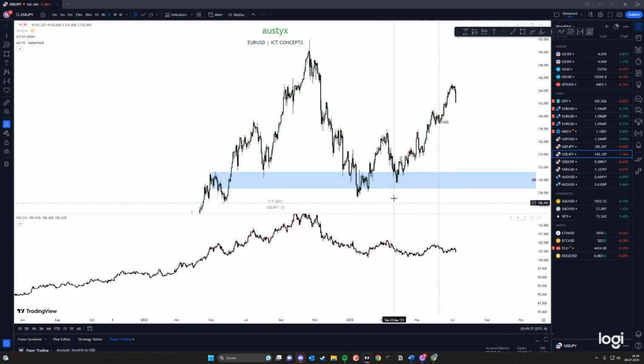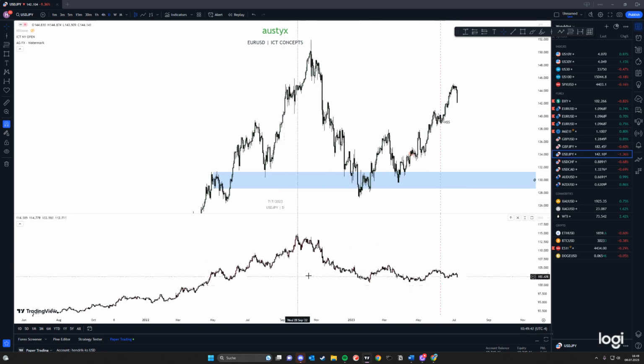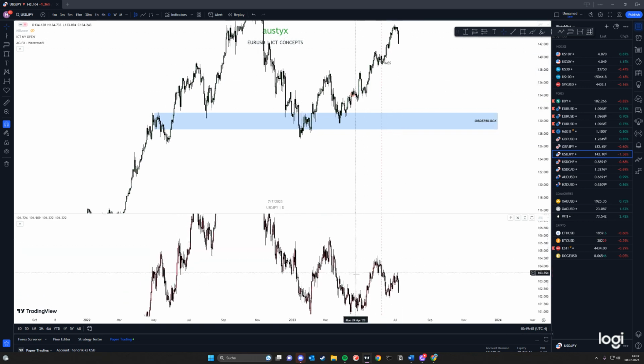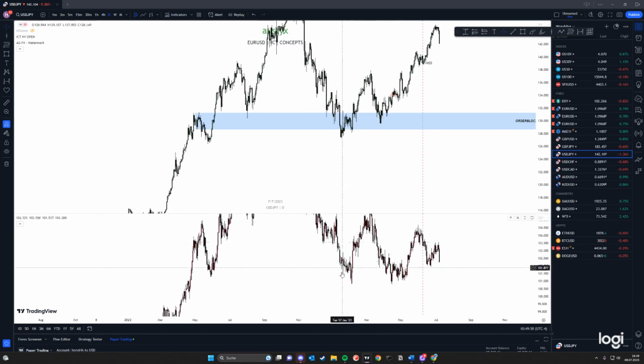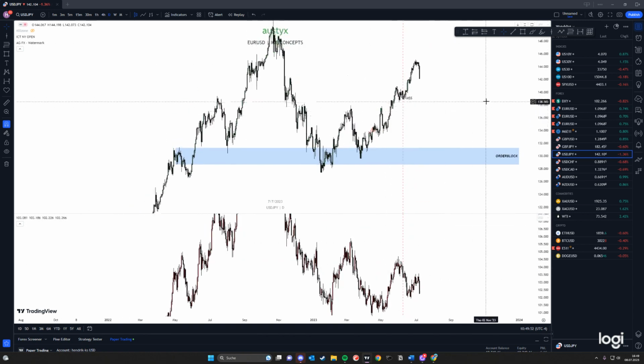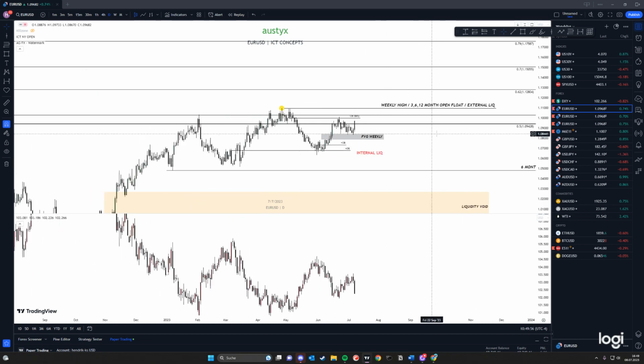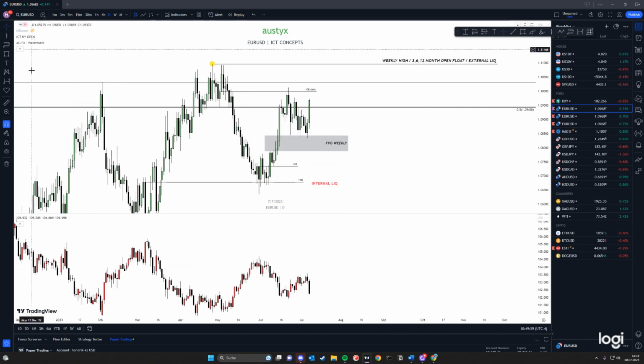It's basically a big crack in the correlation between these two pairs recently, with USD JPY going up and the DXY not, but that's something else. I don't want to finish now. We want to concentrate on the correlation between the EURUSD and the DXY.